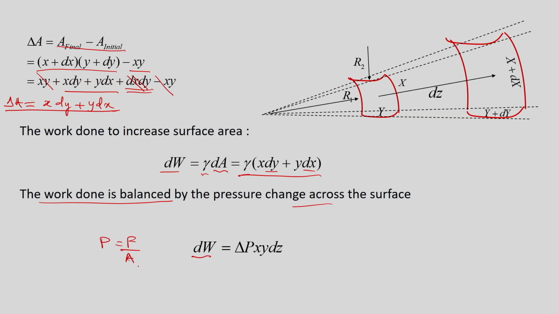So, P into A, so delta P into delta A. So, delta A is there, and if you multiply with the displacement, this entire thing is the force. So, force into displacement becomes the work done. So, net change in area into the force applied is called the work done. We have this expression, but the only issue is what do we do with this dy and dx.